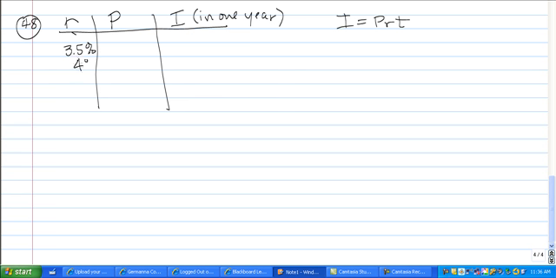Okay, so she's got x dollars at 3.5%, and 5,000 more than 3 times the amount, so that's how much she's got at 4%. How much did she invest at each rate if she earned 1,440 in interest? So her total interest is 1,440.